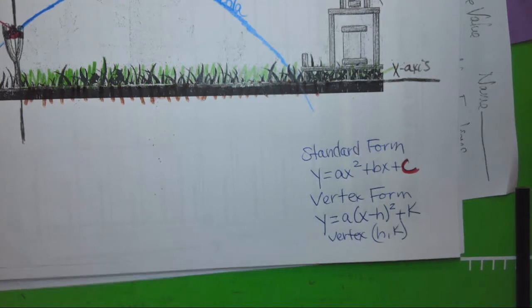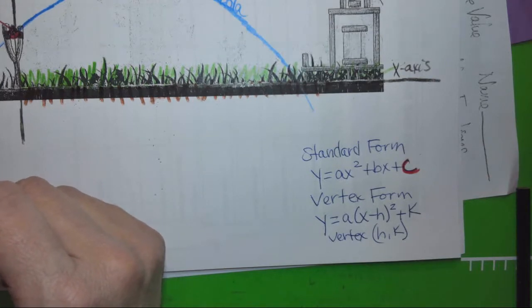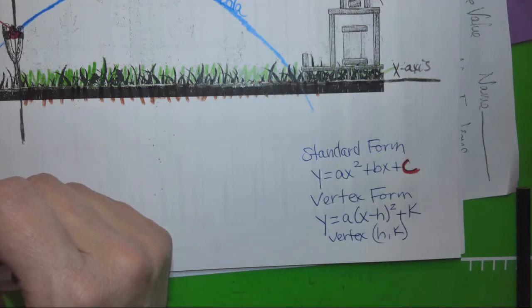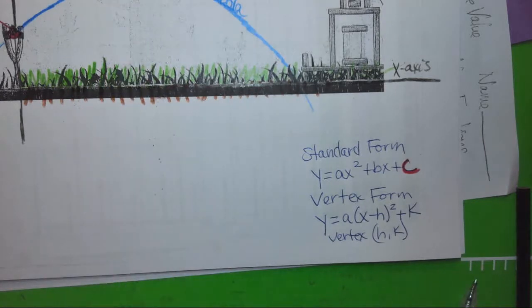Now, at the top of this parabola, does it have a max or a min? Does the parabola have a maximum or a minimum? A maximum. And where would that maximum be? At that top.